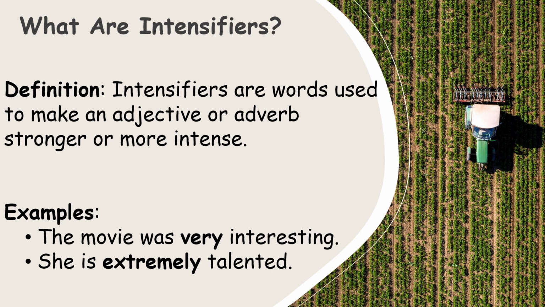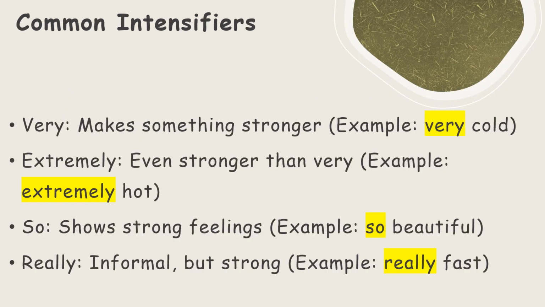But if you say extremely talented, it means she knows many things and she can do everything with perfection. So did you understand now? Very, extremely, these are called intensifiers and they are used to make an adjective or an adverb stronger.